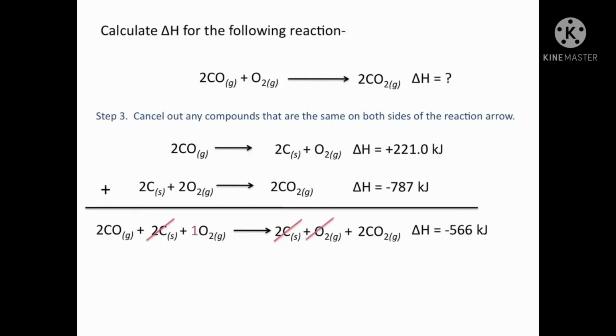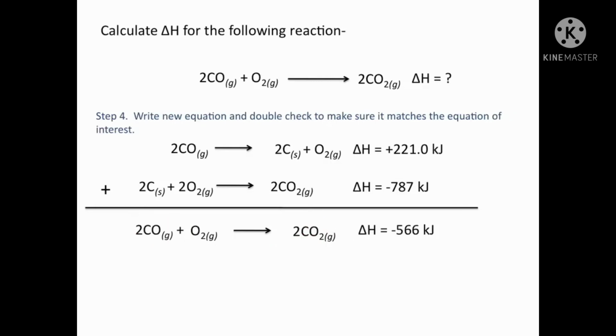And I can also cancel out the 1 mole of O2 on the product side with 1 mole of O2 on the reactant side, leaving me with the final equation 2 CO plus O2 goes to 2 CO2. And the last thing you need to do is to double check that this equation matches your equation of interest. And in this case it does. So the delta H value for 2 CO plus O2 goes to 2 CO2 is negative 566 kilojoules per mole.